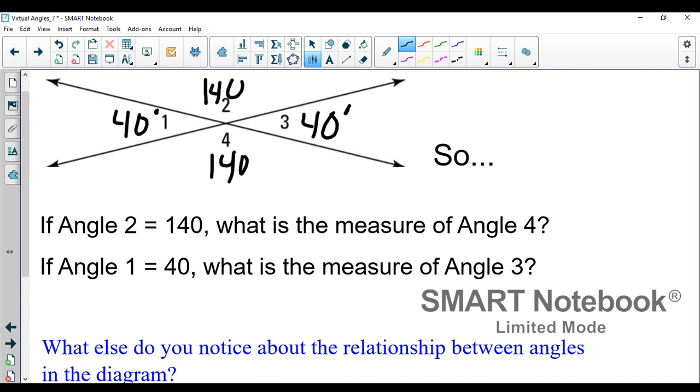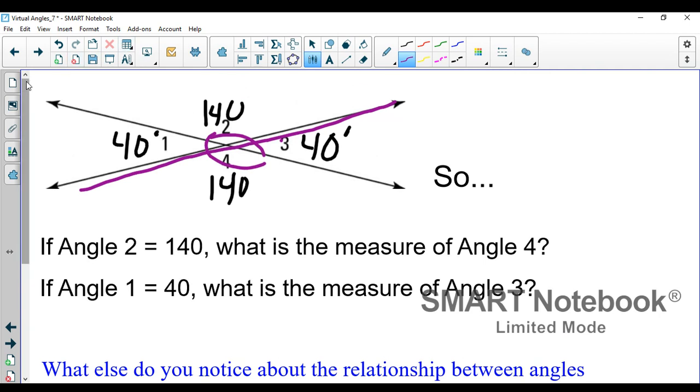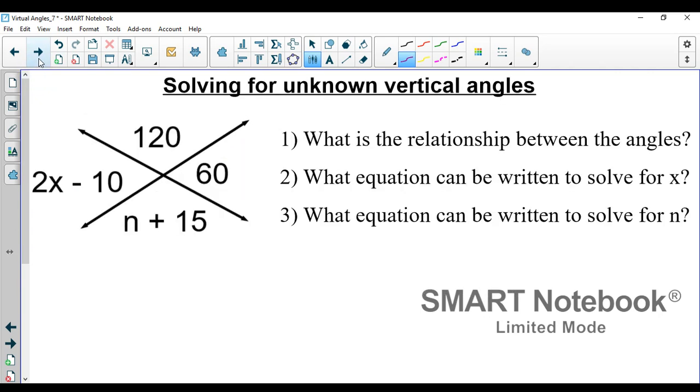We have a straight angle here. 40 and 140 is 180. No matter how you look at it, we have supplementary angles. Opposite angles are always congruent to each other.